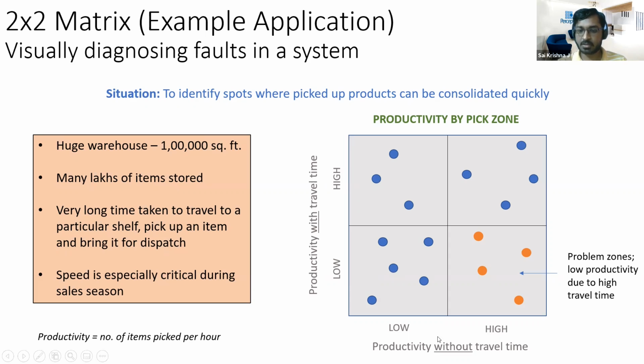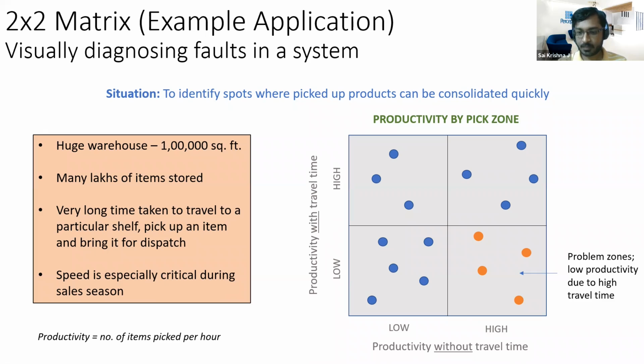For productivity without the travel time, the denominator is just the time taken to pick up that item from the box. For productivity with travel time, the denominator is the time taken to pick up that item plus the time taken to travel to the drop zone after picking it up.